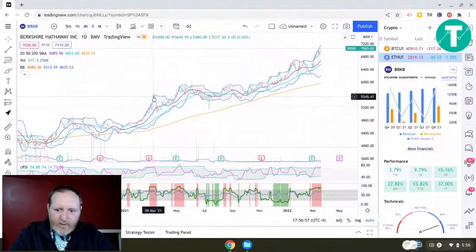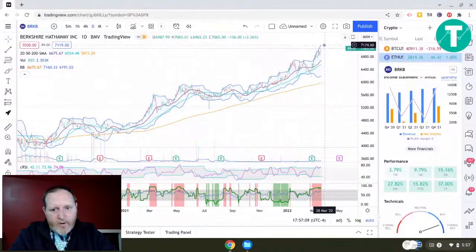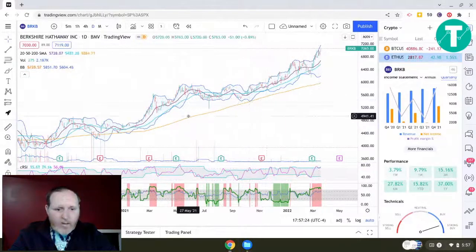And even though that was right after an earnings miss, and then we had the sell-off before it rallied again, it is possible that we run up here a little bit more, but then we're going to have to pull back some as traders take their profits and so forth, and just have a normal pullback and then continue moving on.